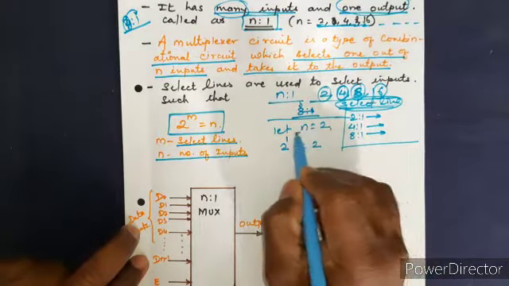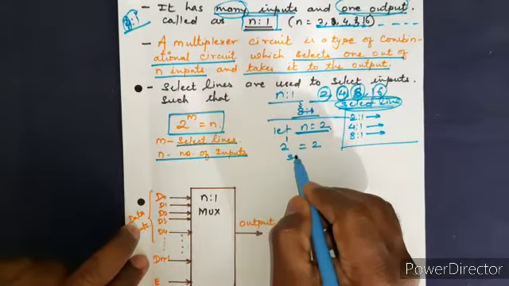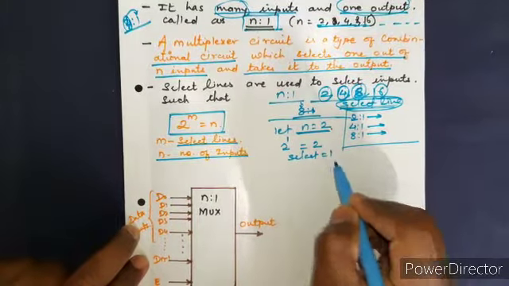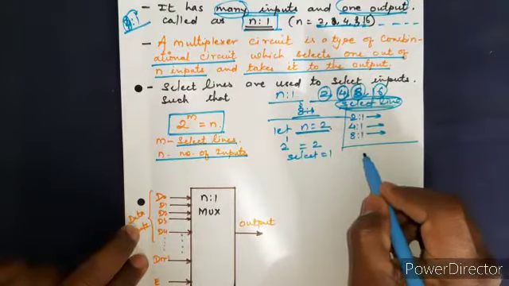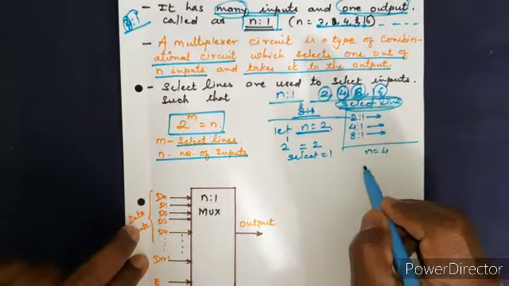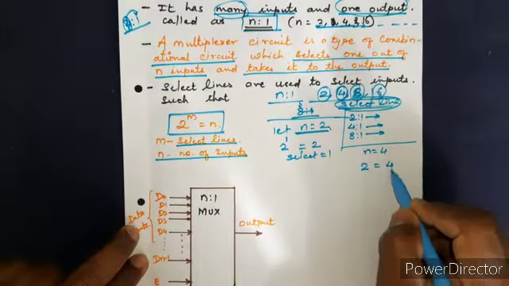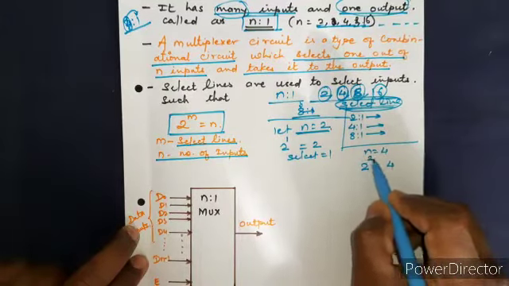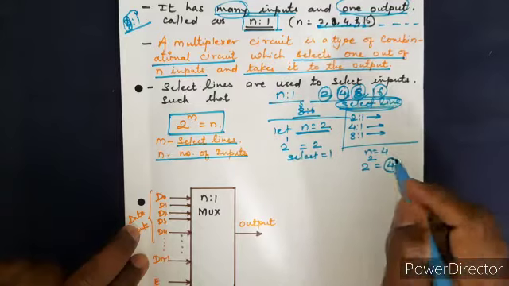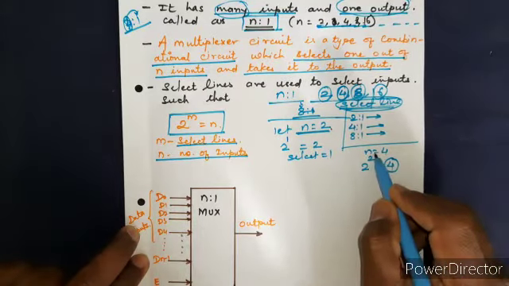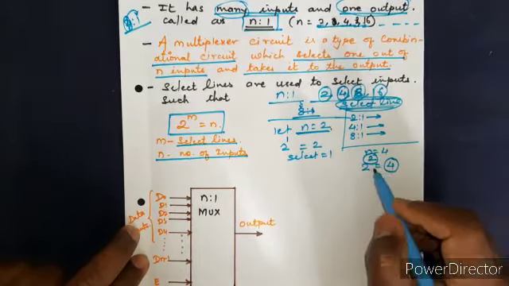So for 2 inputs, select lines will be 1. Now if I say n equal to 4, 2 to the power what would give me 4? 2^2 is 4. So number of inputs is 4, and for 4 inputs we always need to have 2 select lines.